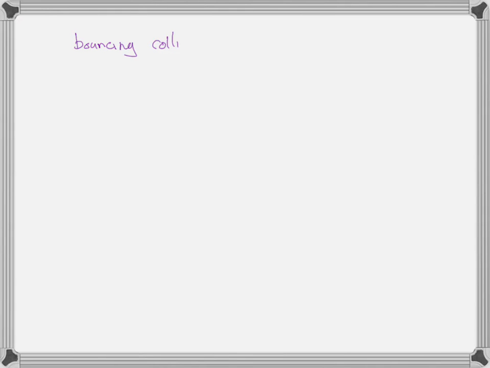which says that before and after the collision, if we have two objects, and we'll just stick with two objects, object 1 and object 2, they have initial velocities of v1 and v2, and after a collision, they've got different velocities, we'll call them v1 prime and v2 prime.